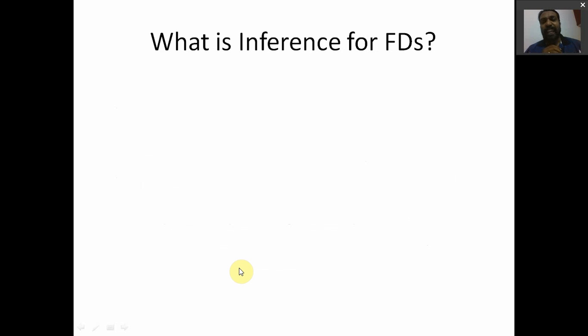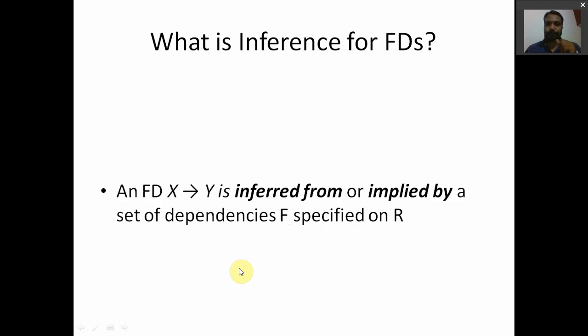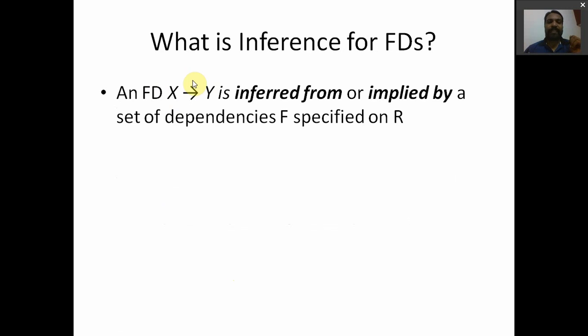Next, what is inference for functional dependencies? A functional dependency X to Y can be inferred or implied by another set of dependencies F specified on R. That is, we start with a set of functional dependencies F and try to infer new functional dependencies from this set F. X to Y is such a functional dependency, so it should hold on every instance of this relation.